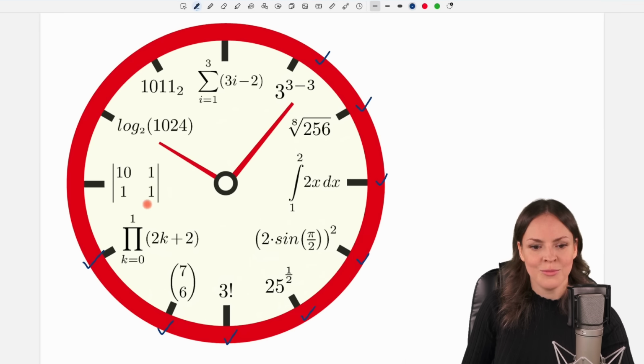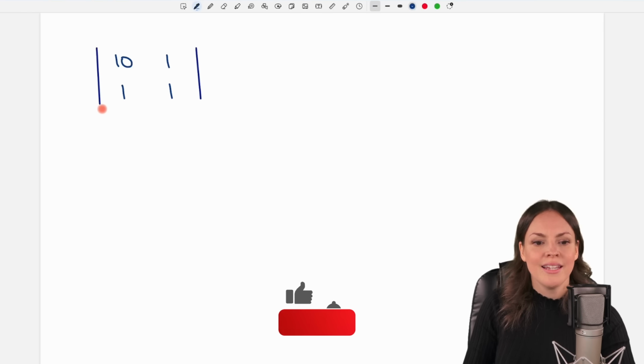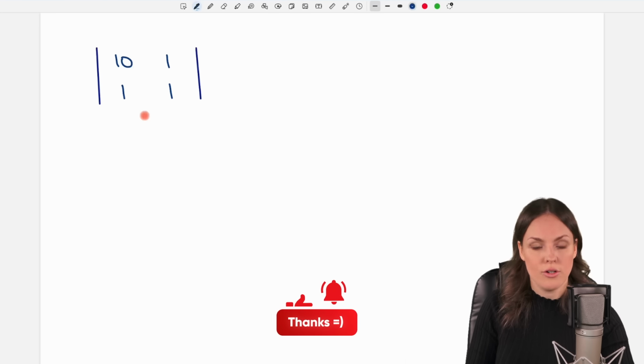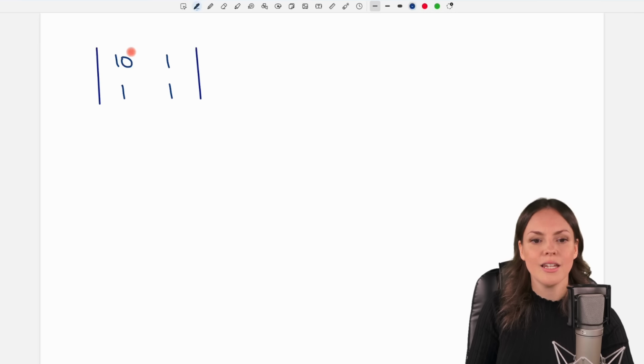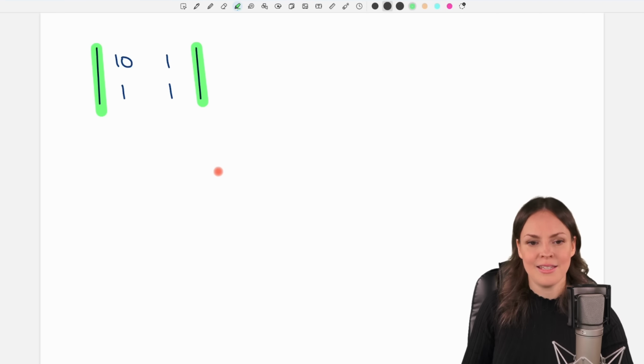9 o'clock. What is this? This here, in here we have a matrix with the entries 10, 1, 1, 1. And these lines tell us find the determinant of this matrix.